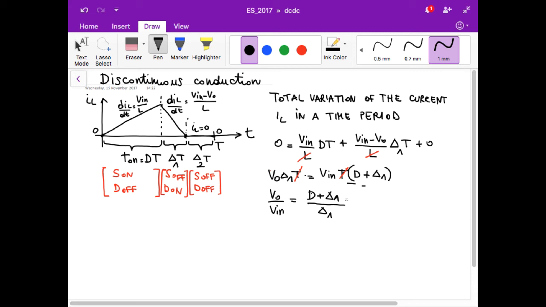Yes, there is another consideration that we can also make, and it's the following. This is the ratio of the output voltage to the input voltage.